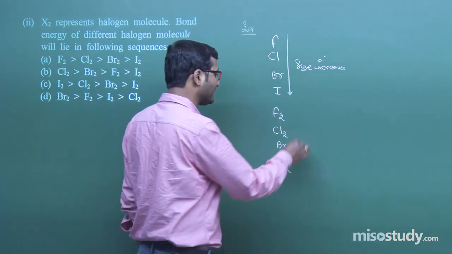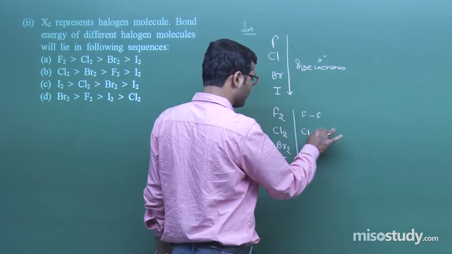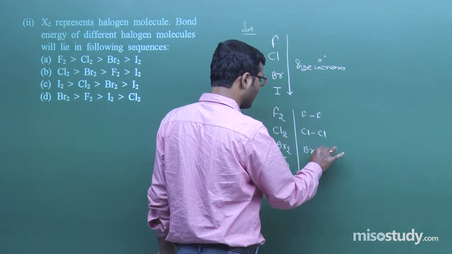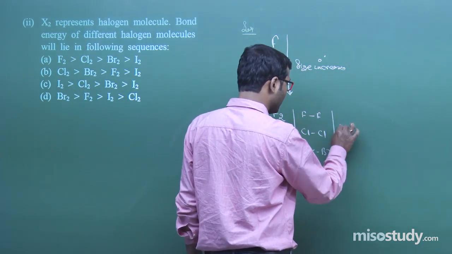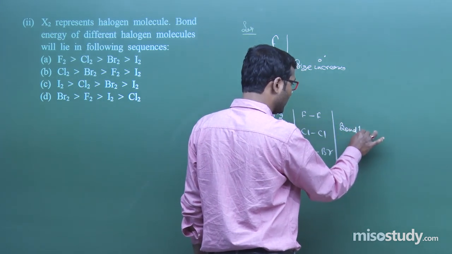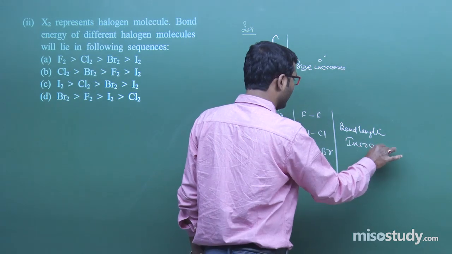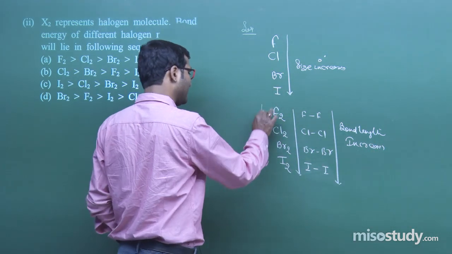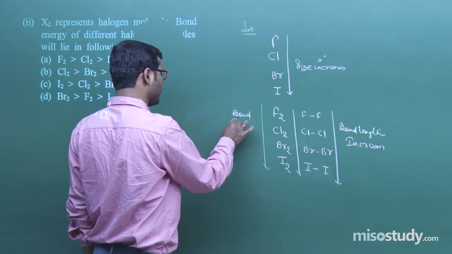We observe that the bond length increases: Cl, Br and I. Bond length increases because size increases. So we can say that down the group bond length increases. Now if the bond length increases, then definitely we know bond energy decreases.